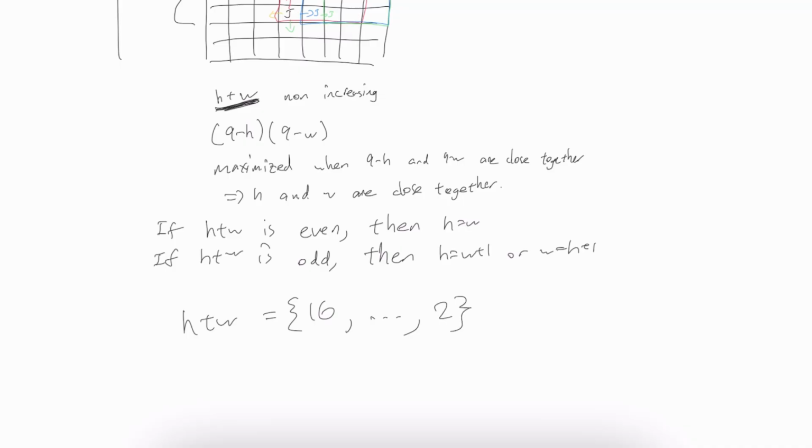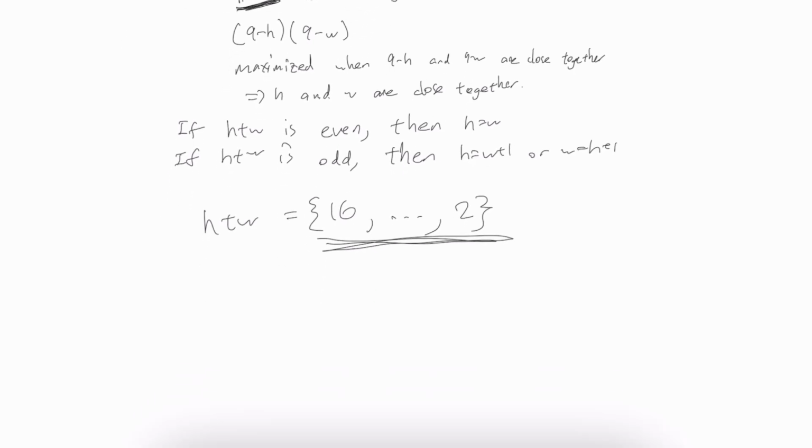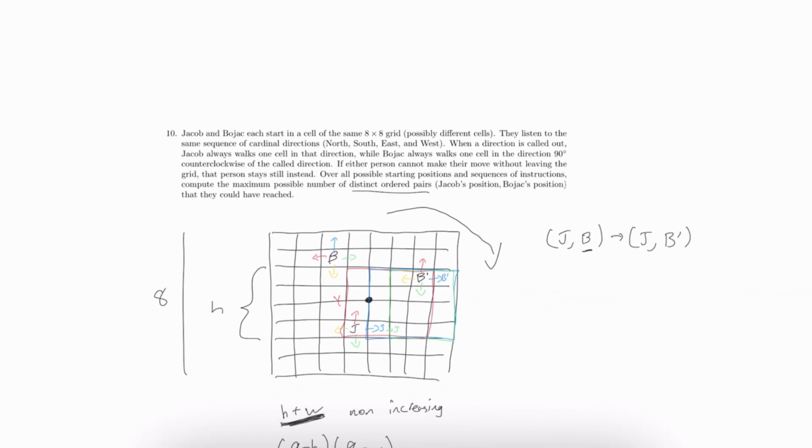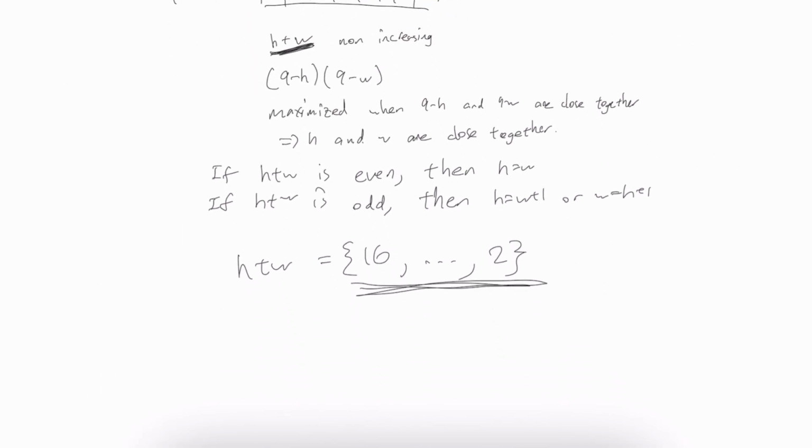And so assuming that h plus w can take on somehow every single one of these values, then we can directly upper bound the total number of distinct ordered pairs by summing, for each value of h plus w, the maximum value of this quantity.